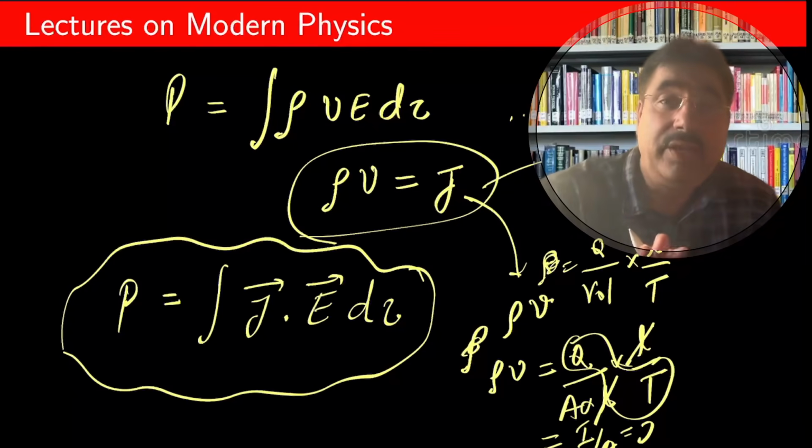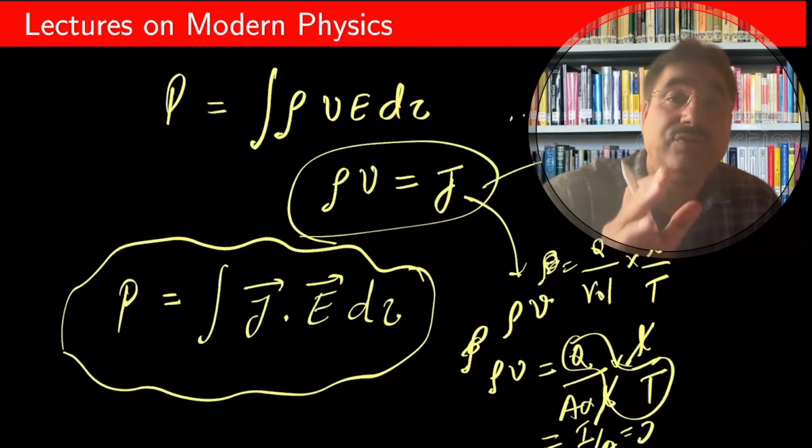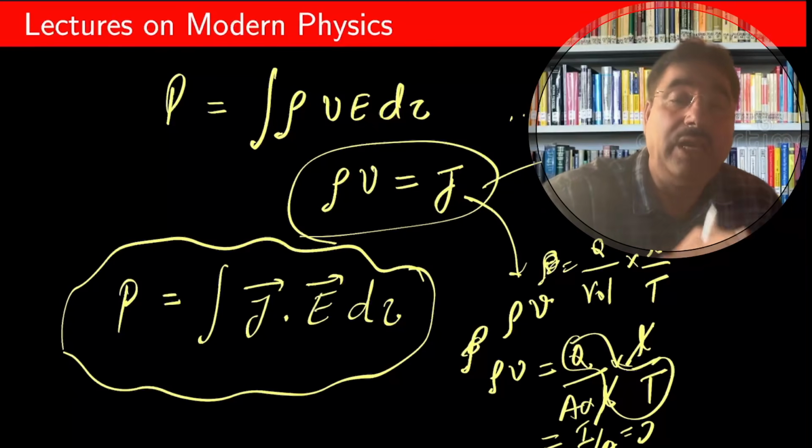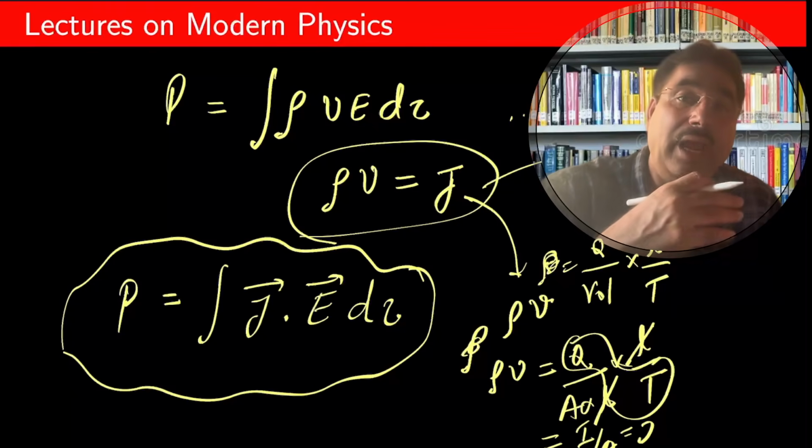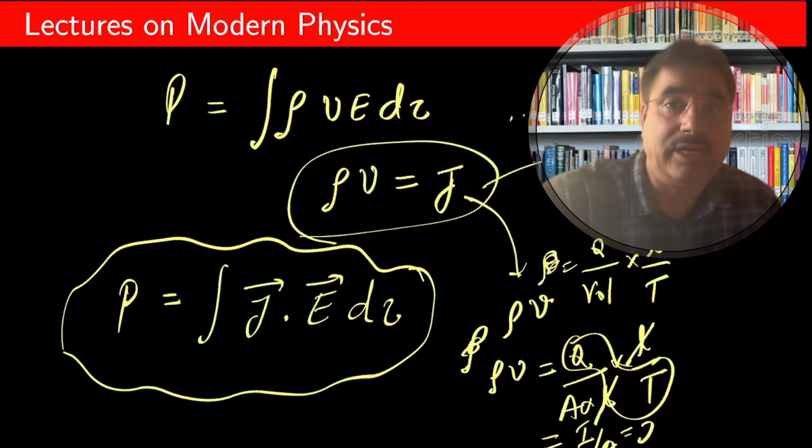Now, what is my goal? My aim is to find the conservation rule, the equation of continuity for electromagnetic energy. There is electromagnetic energy in the electromagnetic field, and what is the equation of continuity for that energy? That's what I am looking for, so I have to discover that equation.